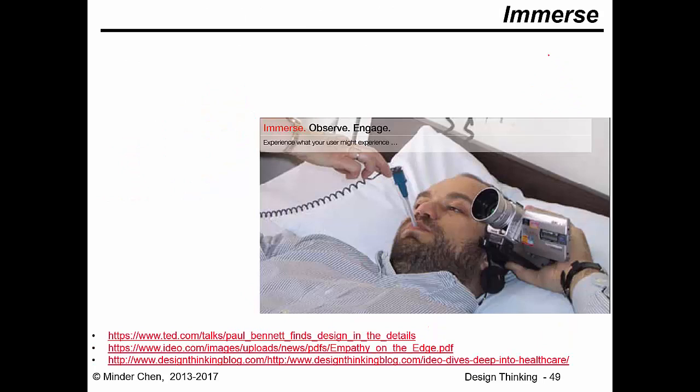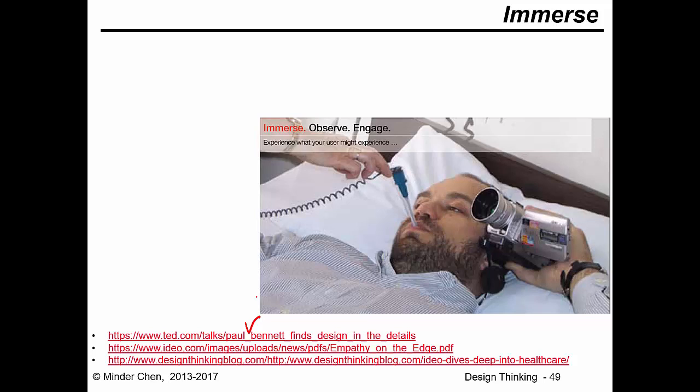We talk about immersing yourself just like the user. This is actually another IDEO case. They were asked to design a hospital's patient ward, and one of their designers, I believe it's Paul here, attached a video camera to his head in his eyesight direction.